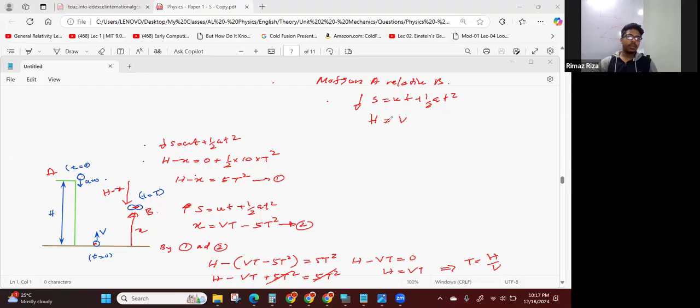So h equals vt plus half into relative acceleration, which is 0 since both are moving under the same gravitational acceleration, times t squared. So this term is 0. So t equals h over v. See how simple. Actually, when I was reading this question itself, I got the answer, t equals h over v.